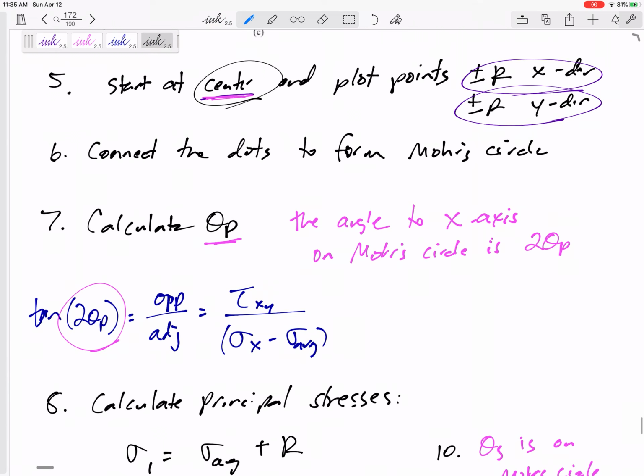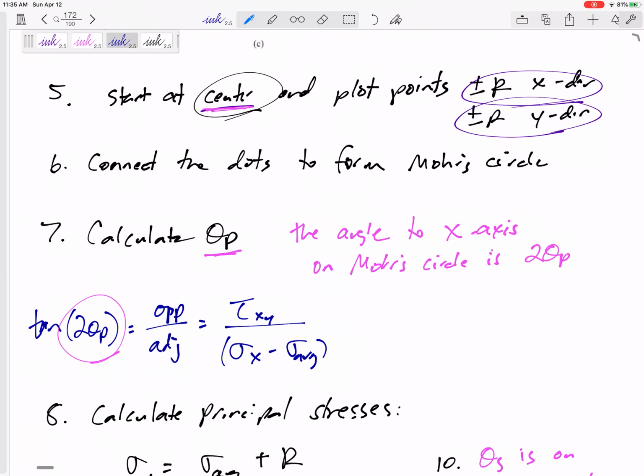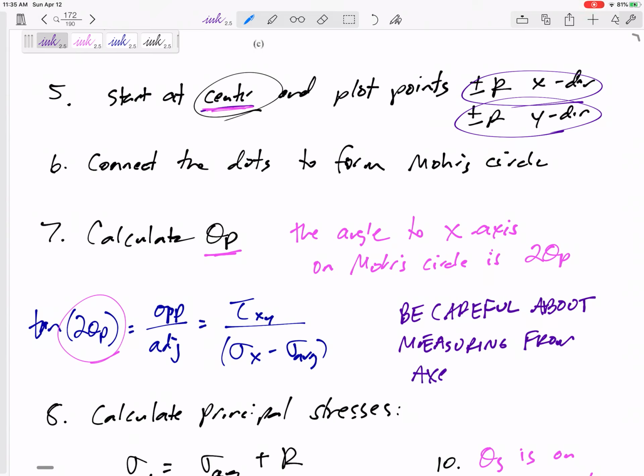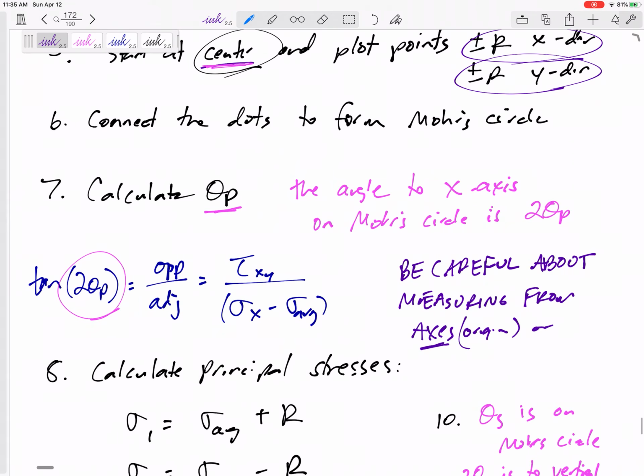So one thing is just to be careful about measuring. Are you measuring from the axes, your origin, or from the center?